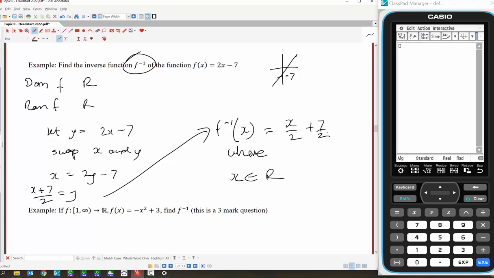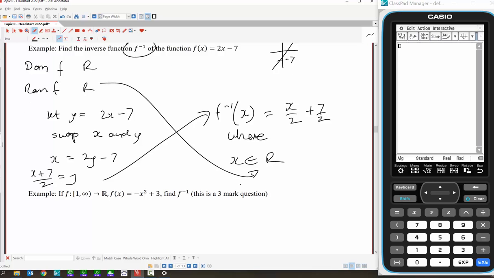Now, how do I know that that's the domain? Because the range of the original was, or will be, the domain of the inverse.